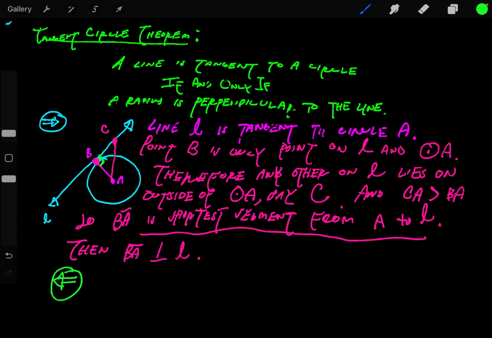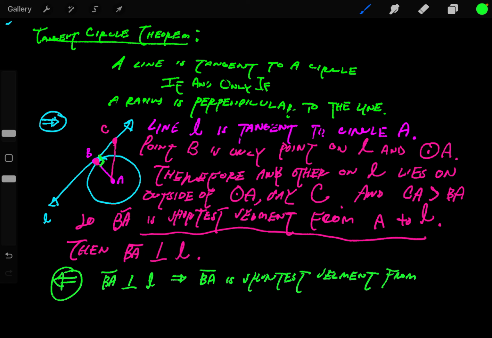So if it's perpendicular, so I have that BA is perpendicular to L. Therefore, right away, we know from our theorem that BA is the shortest segment from A to L.